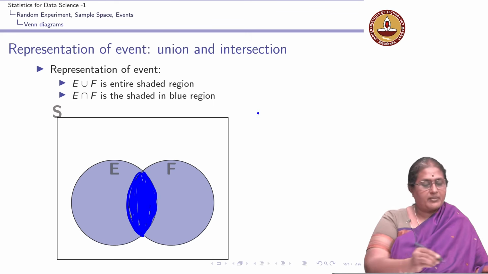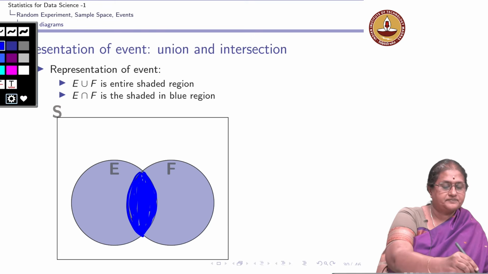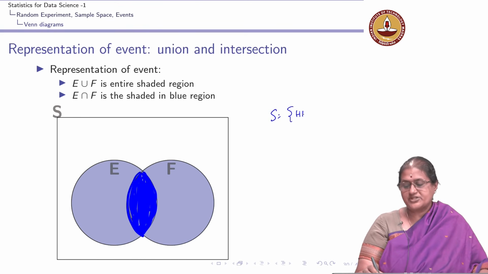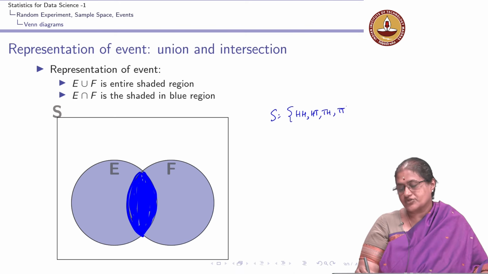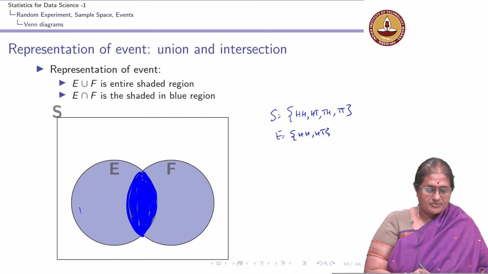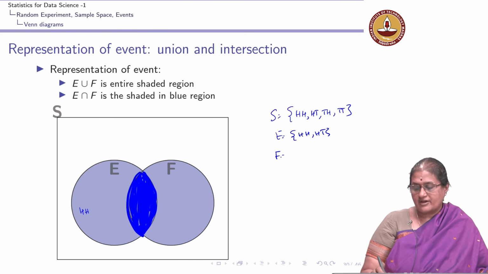Going back to our example, my sample space is the outcomes of tossing two coins.